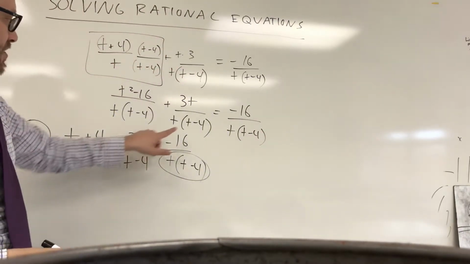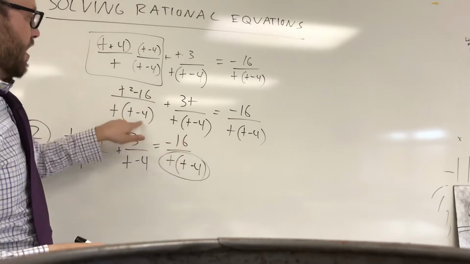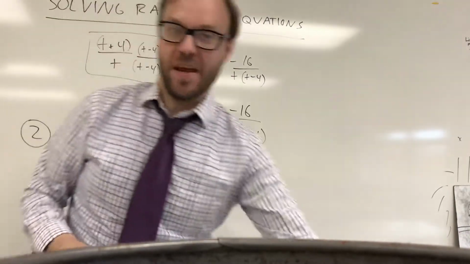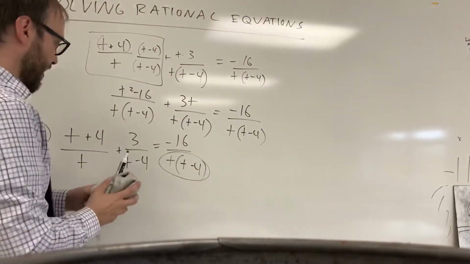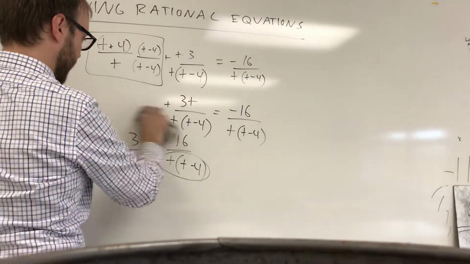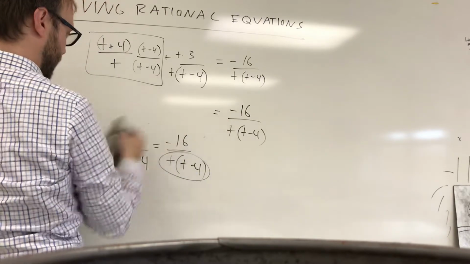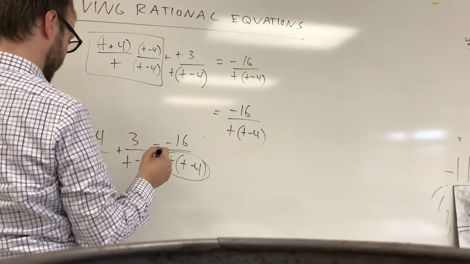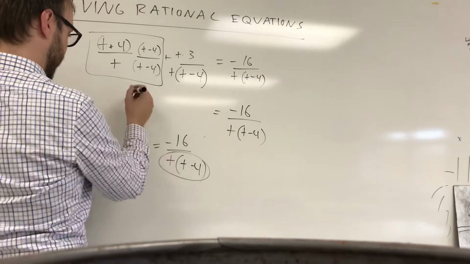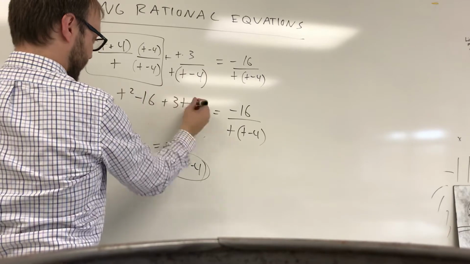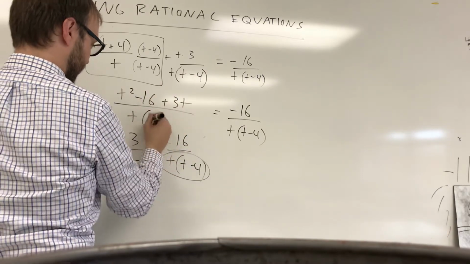Notice now that I have 2 fractions with the same denominator that are being added. So I should be able to add the numerators, keep the same denominator there, and I'm running out of space on my board here, so I will add those numerators. And what we'll end up with is t squared minus 16 plus 3t all over t times t minus 4.